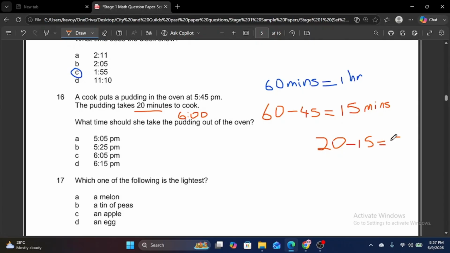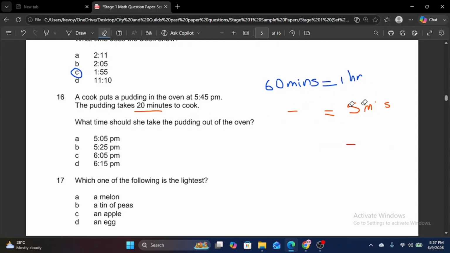So after I use the 15 minutes to move from 5:45 to 6 o'clock p.m., I would have 5 minutes remaining. So the time will be 6:05 p.m. after the whole 20 minutes. Alright? So after the whole 20 minutes, that would be the time. Alright, so moving right along.